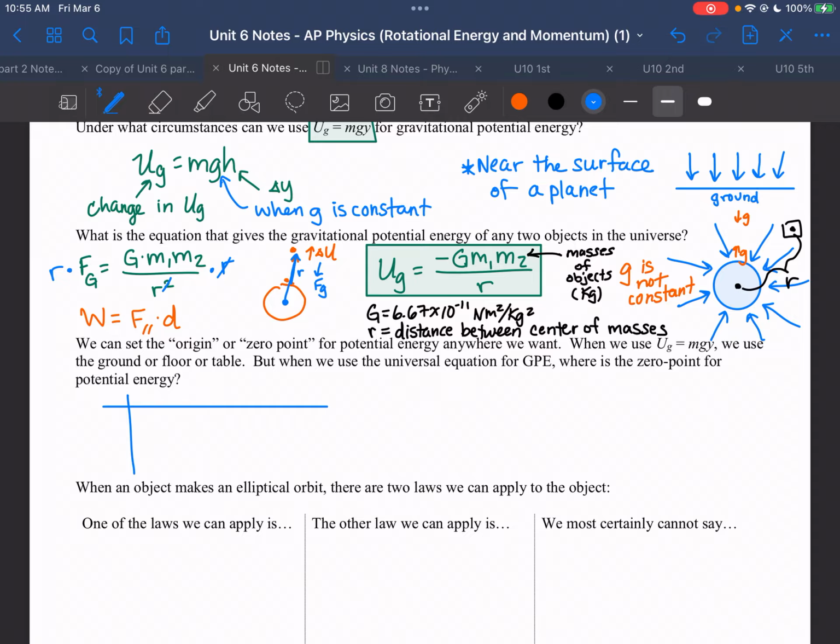So if you think about it like this, 0 is your perspective. Now, if you are infinitely far away from an object, you would have no potential energy from that object. That would be over here, that would be your infinite. That would be some radius away. This is going to be the amount of potential energy.